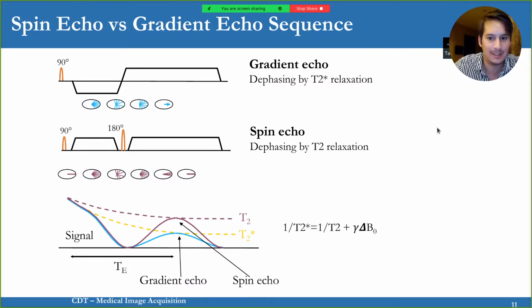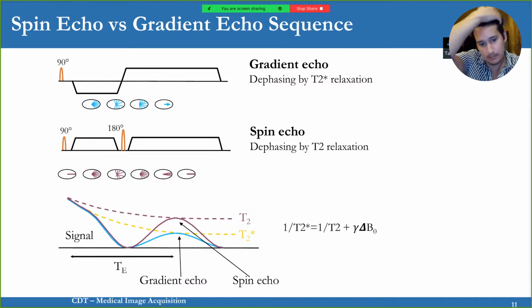Well, the answer could be that the property you are interested in is encoded in the T2 star decay. For example, if you have tiny accumulations of iron in your tissue, the property that is affected is not the T2 constant, but the T2 star constant.